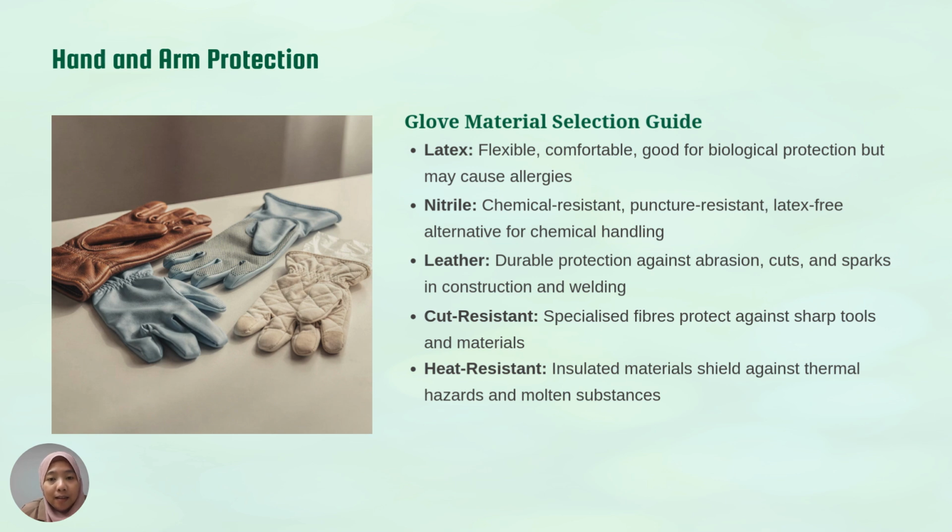Leather is good for protection against abrasions, cuts, and sparks in construction and welding uses. Cut-resistant material uses specialized fibers to protect against sharp tools and materials. And lastly, heat-resistant gloves are insulated materials that shield against thermal hazards and molten substances.